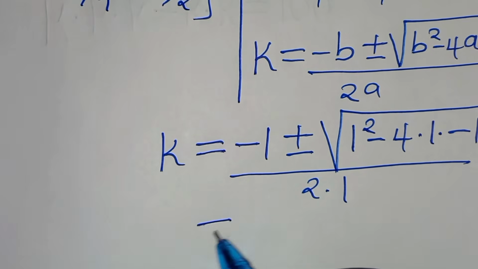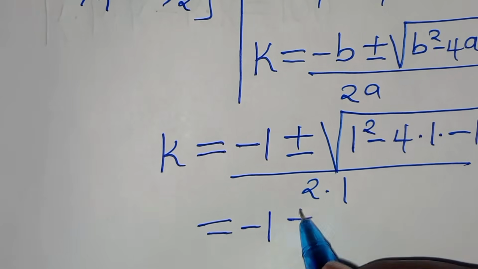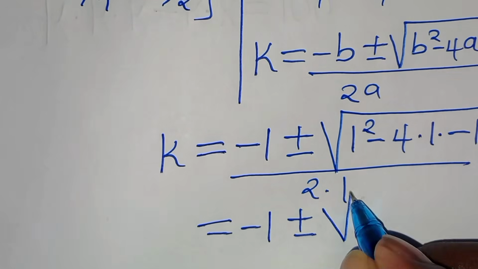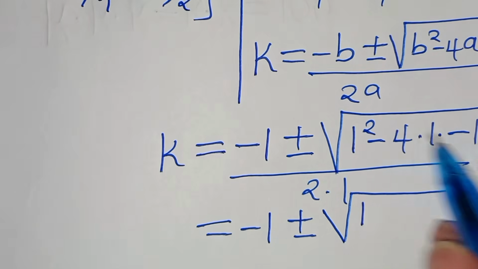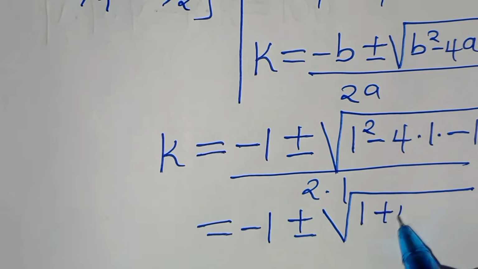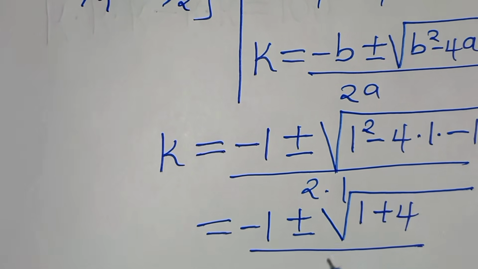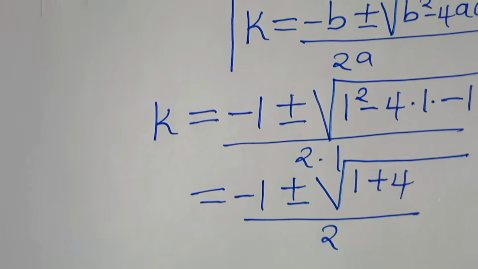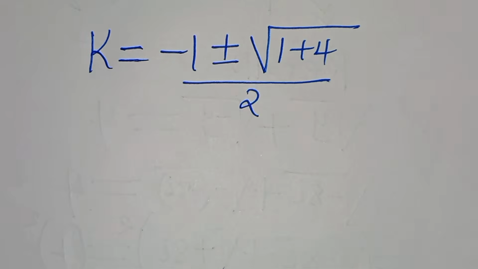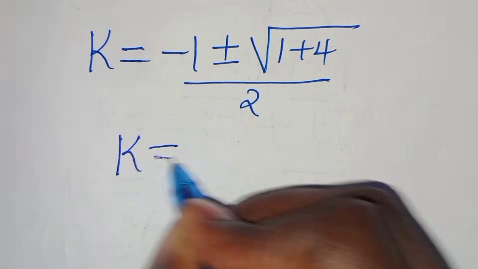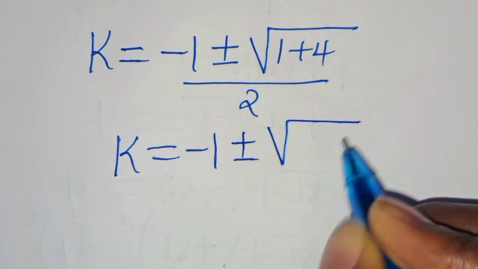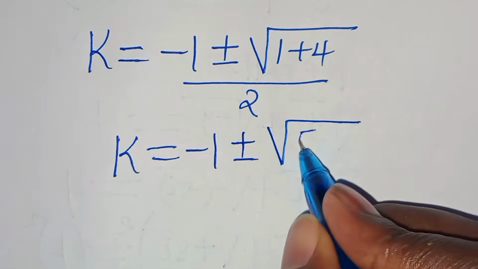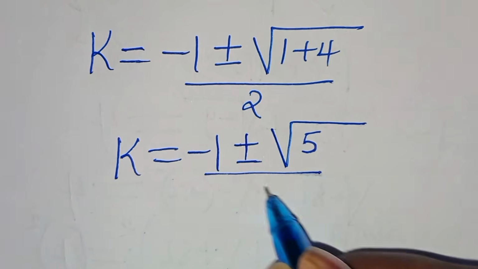So here we have negative 1 plus or minus the square root of 1 squared, this is 1, minus 4 times minus 1, this is plus 4, then everything divided by 2. Now we have that k is equal to negative 1 plus or minus the square root of 1 plus 4, this is 5. So we have the square root of 5 divided by 2.